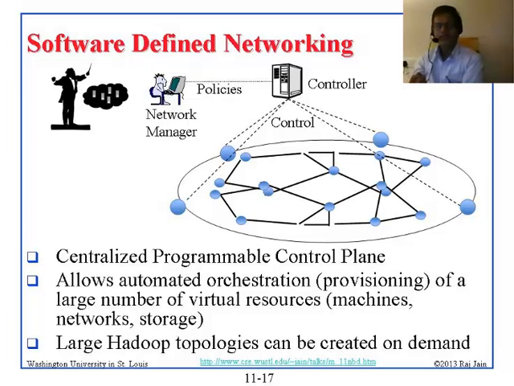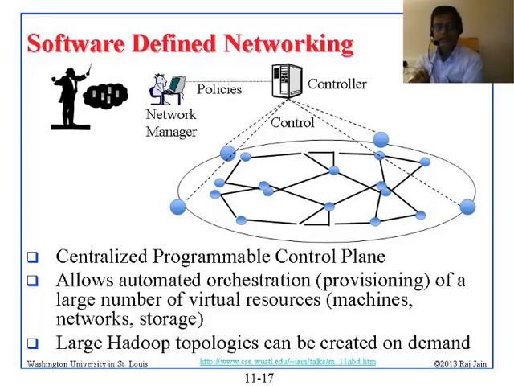Previously, to change the policy, you would have to talk to each one of them one by one, and then they would have to exchange messages with their neighbors, see if they have the same policies, and then find the path. It was a very slow process. Now with SDN, everything is in one place, so you can prepare all the tables right away and then send them out. Okay, so we have a programmable control plane.